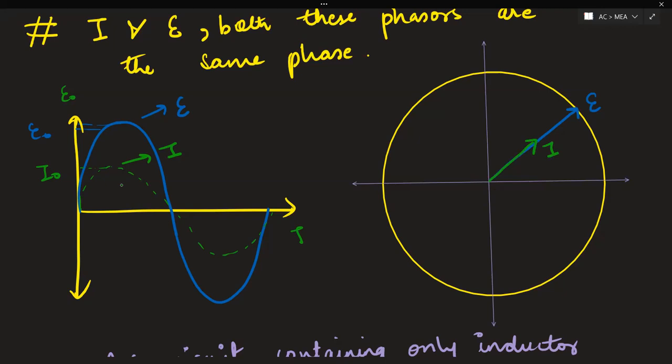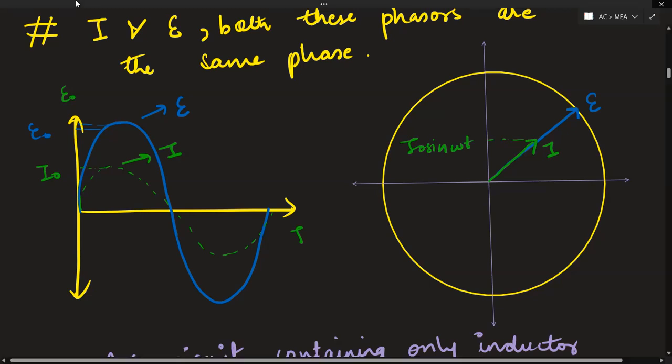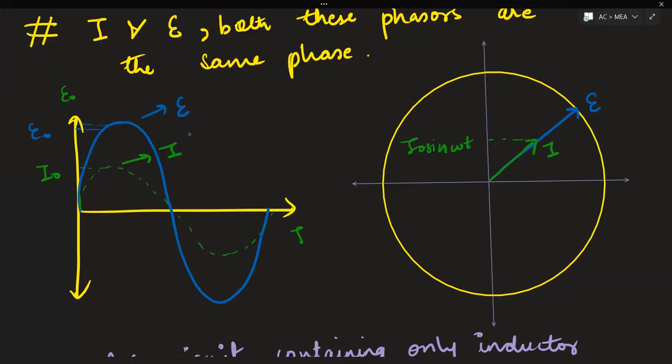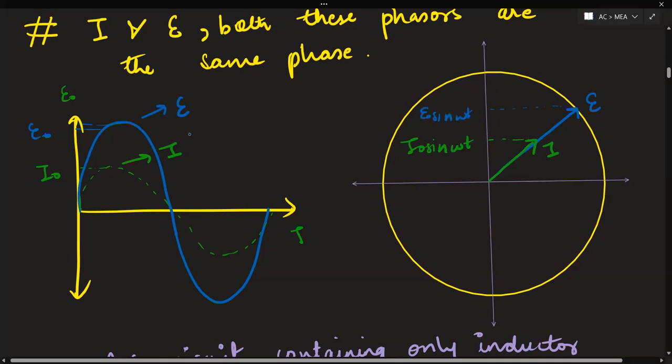This just gives you the difference in magnitude, because both may not have the same magnitude. This might be your I naught sine omega t, whose value we have already calculated, and this will be E naught sine omega t. So what do you have to remember? By looking at the graph, you will be able to figure it out. Yes, both are in the same phase, so it will be I naught sine omega t and E naught sine omega t.